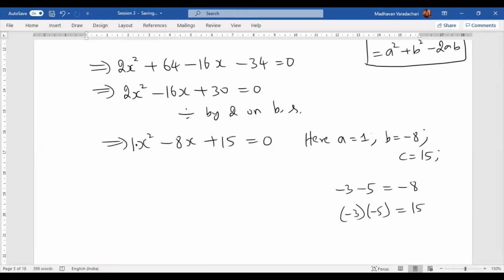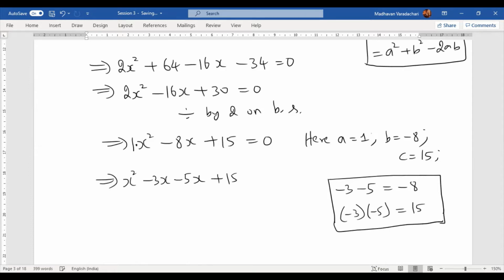So I will split this as x square -3x -5x plus 15. I verified, yes, it is matching. That is the reason I directly substituted: instead of -8x, I'm writing -3x minus 5x plus 15 equal to 0.